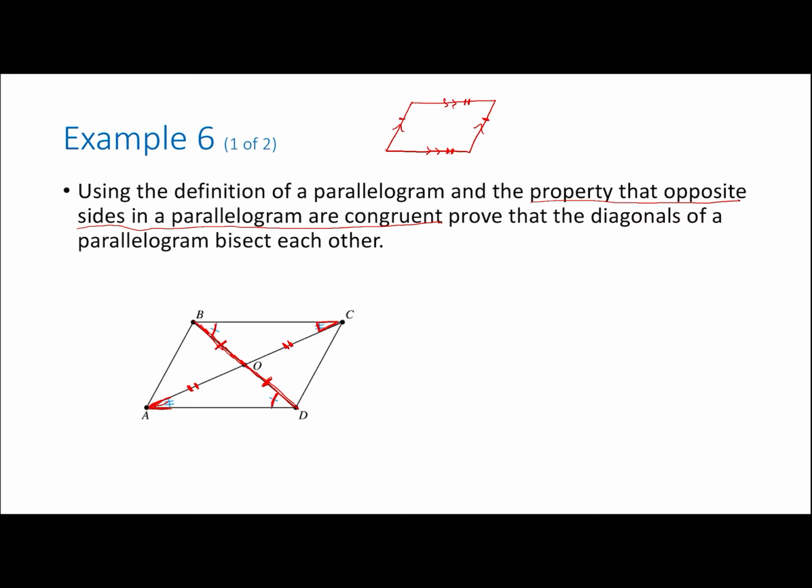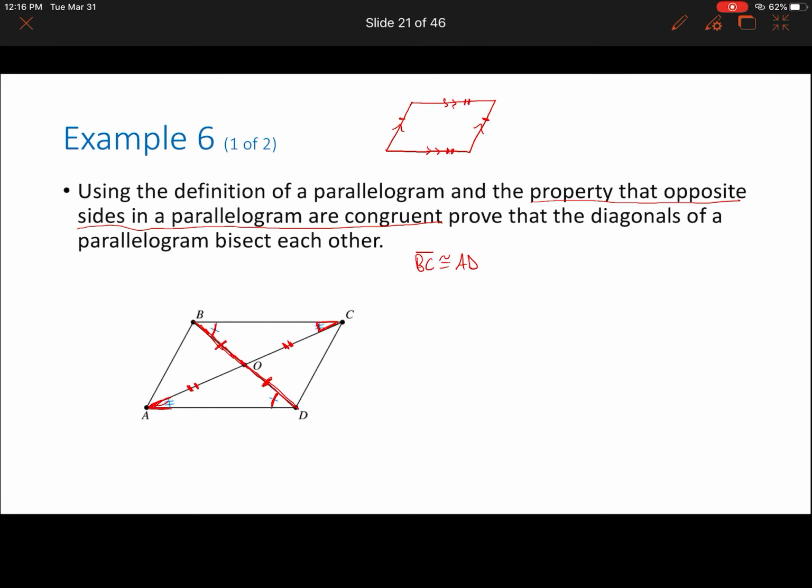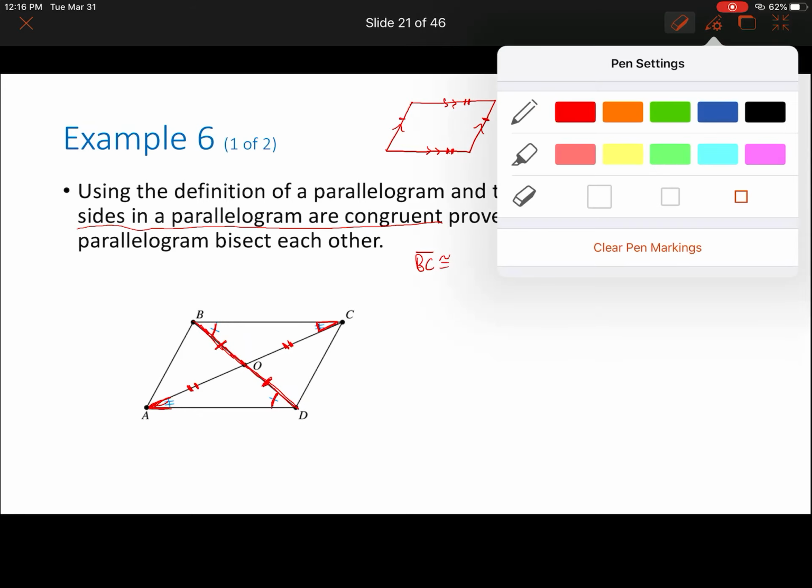Okay? So, based on all of that, we are trying to show that this side length and this side length are congruent, and then this side and this side are congruent. So, what do we know? Well, again, based on the property that's given to us in our definition.